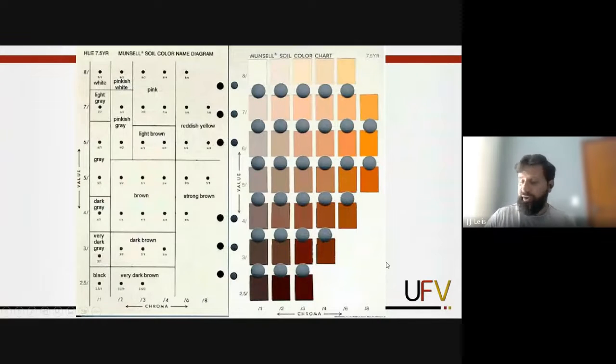So here we can find 2 pages from the Munsell color chart. The Munsell color chart is just one piece of equipment, one book that we use to describe soil color, the color of some soil or some horizon, okay? We can find here several chips with different colors, and we need to compare this chip, this color, with the color of the horizon.